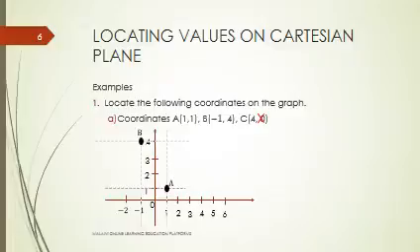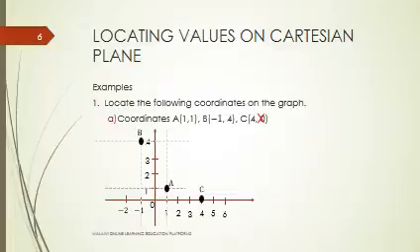Then our eyes should be on the x-axis and it's positive, so our eyes should be on the right of that x-axis. So 4 is that position. We need also to label that coordinate. By doing all that, we have managed to locate some values on the Cartesian plane.